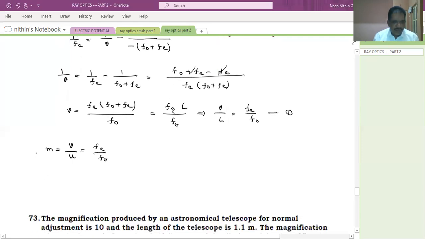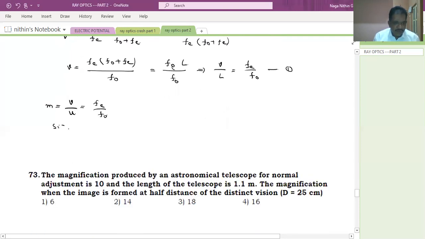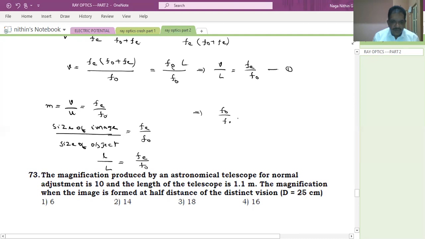Okay. And another formula for M is size of image by size of object, is equal to FE by FO. Size of image is small l, size of object is capital L. So from this, FO by FE is equal to capital L by small l.